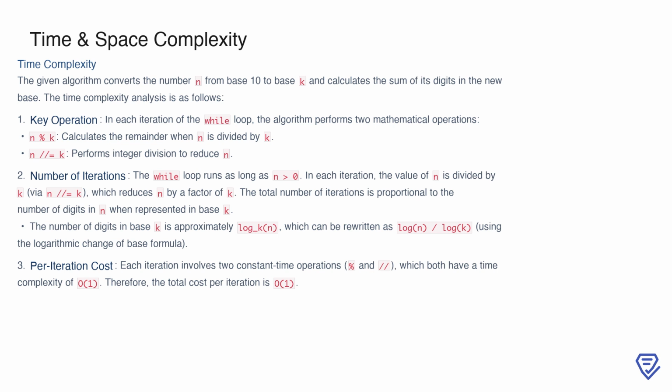This is directly related to the number of digits n has when represented in base k. Mathematically, the number of digits in base k can be approximated as log_k n. Using the change of base formula, this becomes log n / log k. Since each iteration involves constant time operations, the time complexity per iteration is O(1), and we will use this to determine the overall time complexity in the next steps.